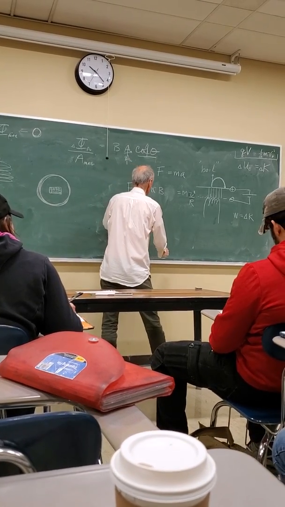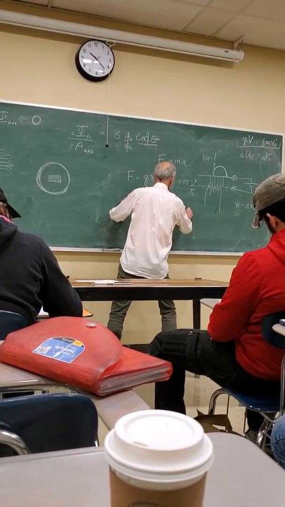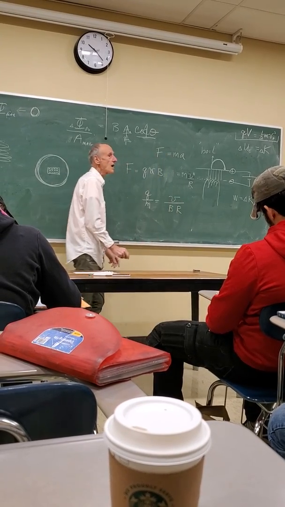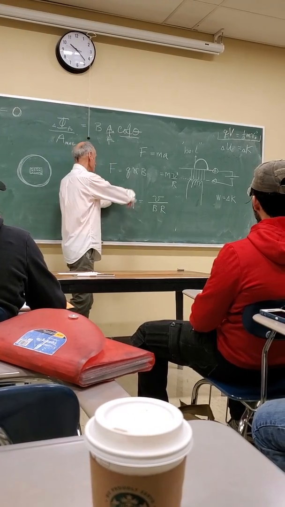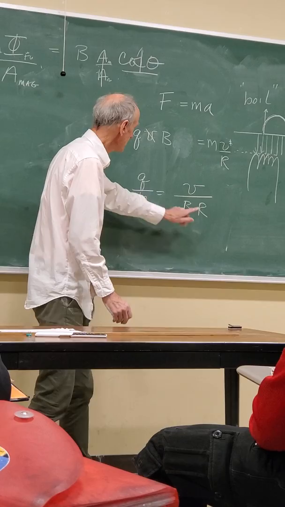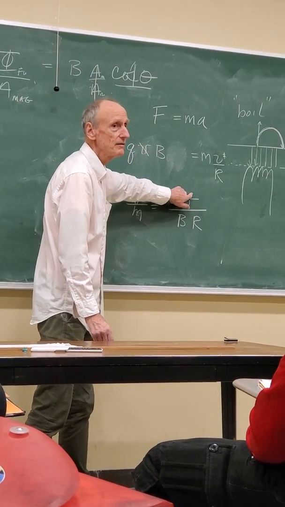And so q over m is going to be equal to v over B r. And the whole thing would be very simple if we could just measure v, B, and r.